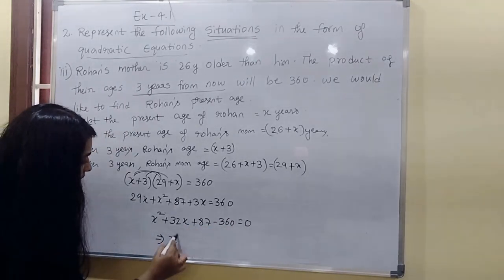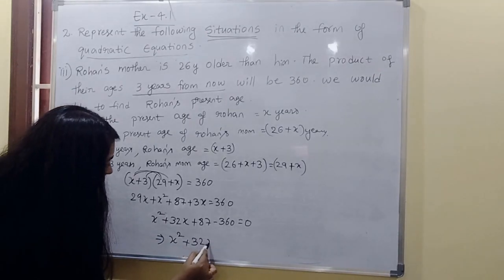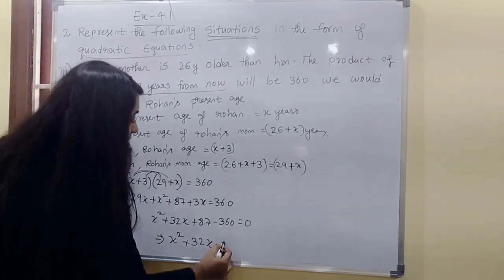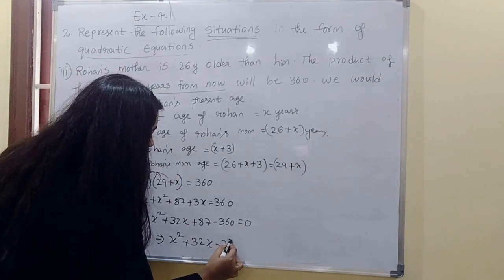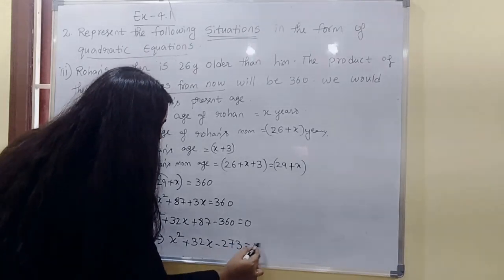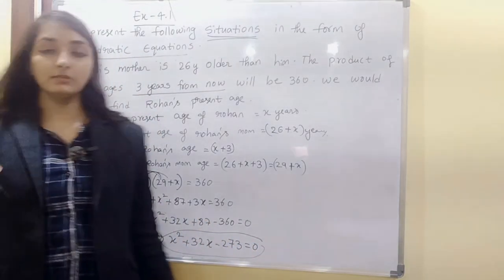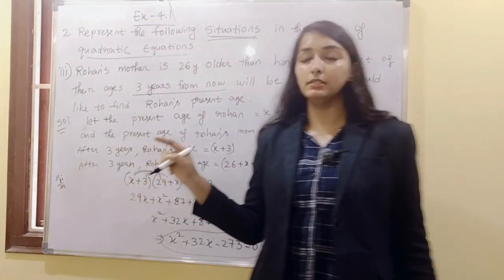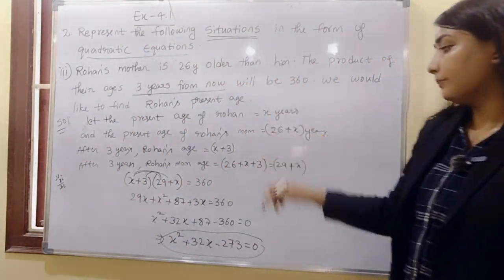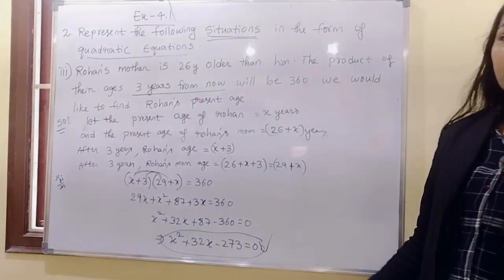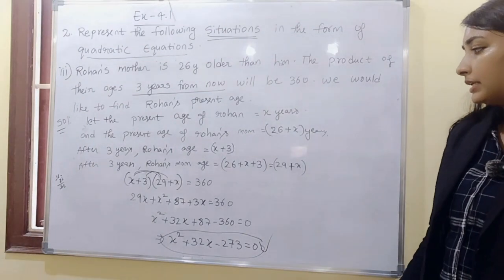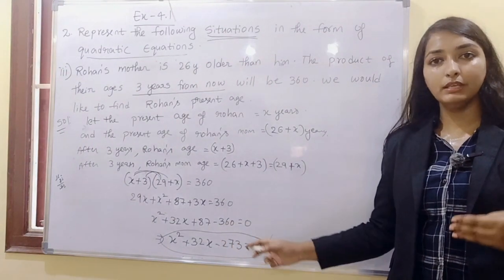So that is x square plus 32x minus 273 is equal to 0. Look, it is in the form of ax square plus bx plus c is equal to 0. We represented the given situation in the quadratic equation format. Okay, is it clear? So what is the quadratic equation we got?